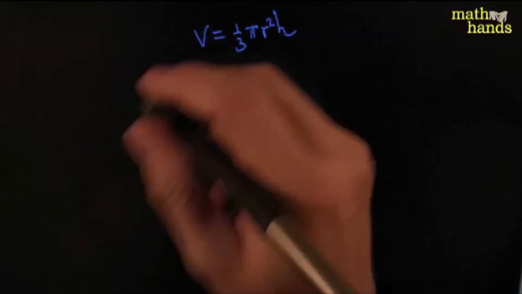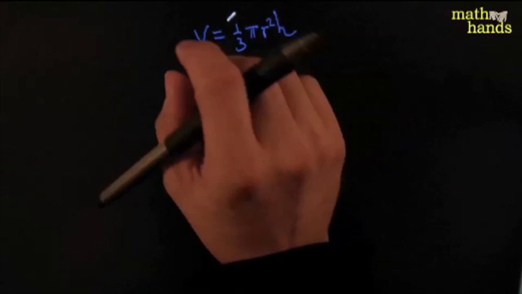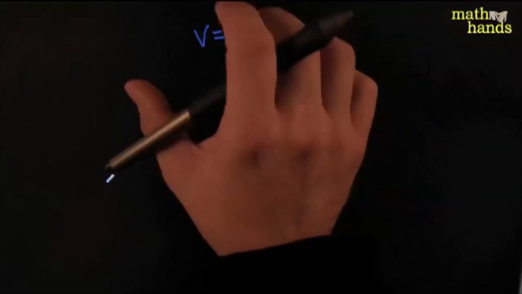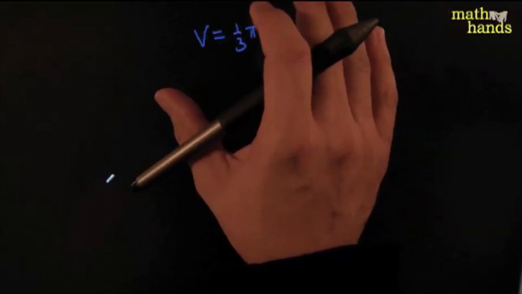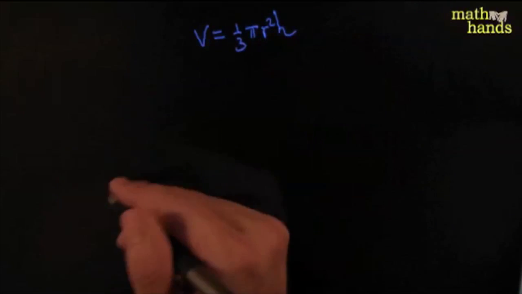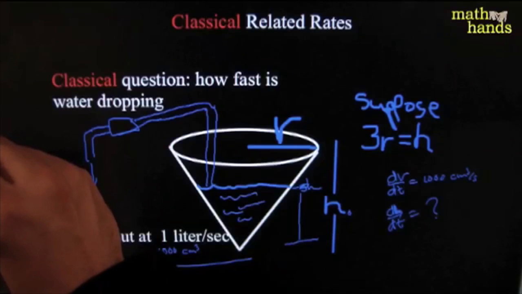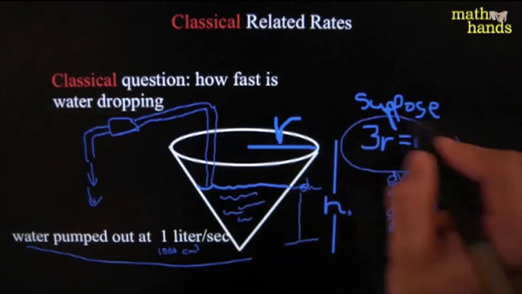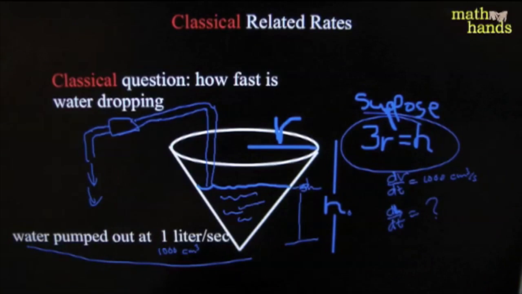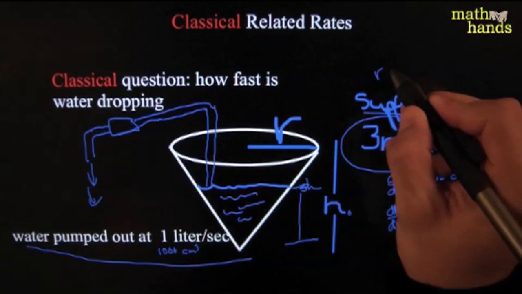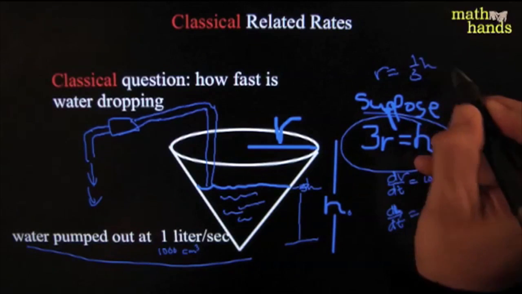And as soon as I figure that out, I could slap a d/dt on both sides. And maybe I might, just for fun. But you could also clean up the problem a little bit by putting in the information about the shape here. The information here is that r is equal to 1/3 the height.